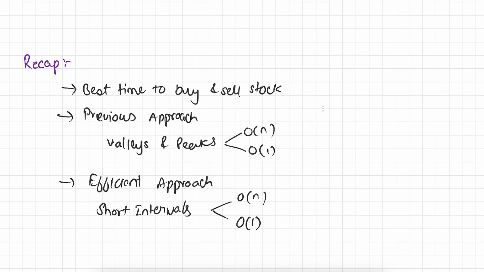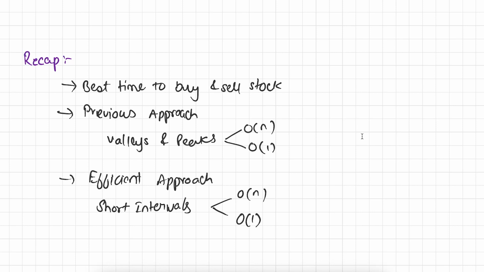In this approach, instead of considering the longer interval, we are considering the shorter interval, and we are buying and selling stock on an alternate day to book the profit. And in this approach, we have written really short code as compared to previous approach, and the space and time complexity remains the same as the previous approach, that is big of n time complexity and big of 1 space complexity.